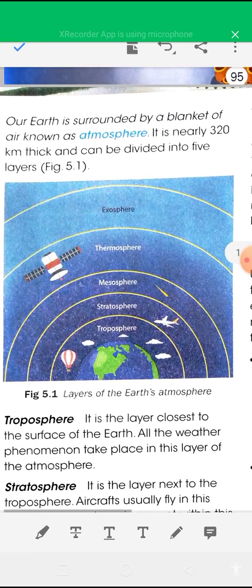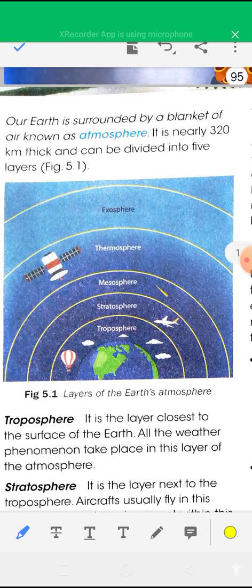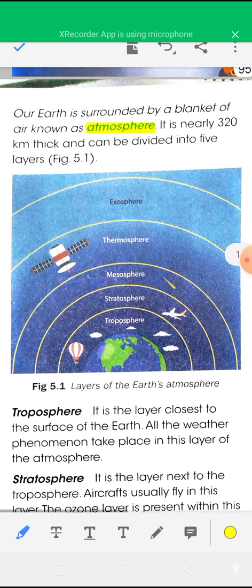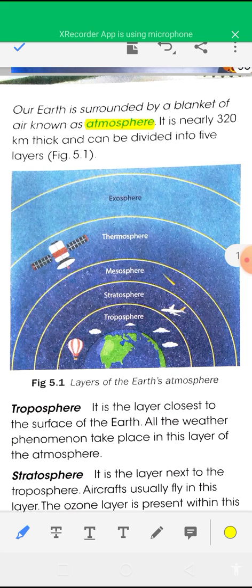Now see what is atmosphere. Our earth is surrounded by a blanket of air, and this blanket of air around earth is known as atmosphere.